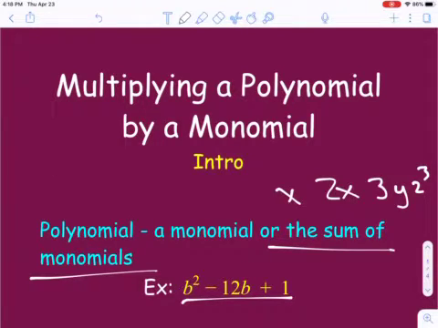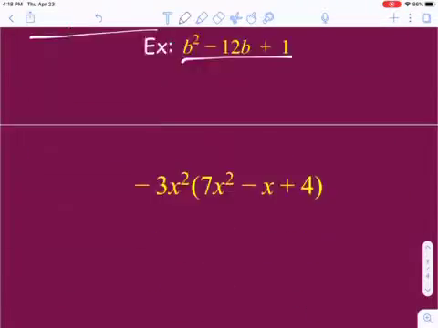So what I want to do in this video is basically show you the basic idea of when we multiply these things. We'll look at some harder examples of it coming up, but let's take a look at just the easier version of this.